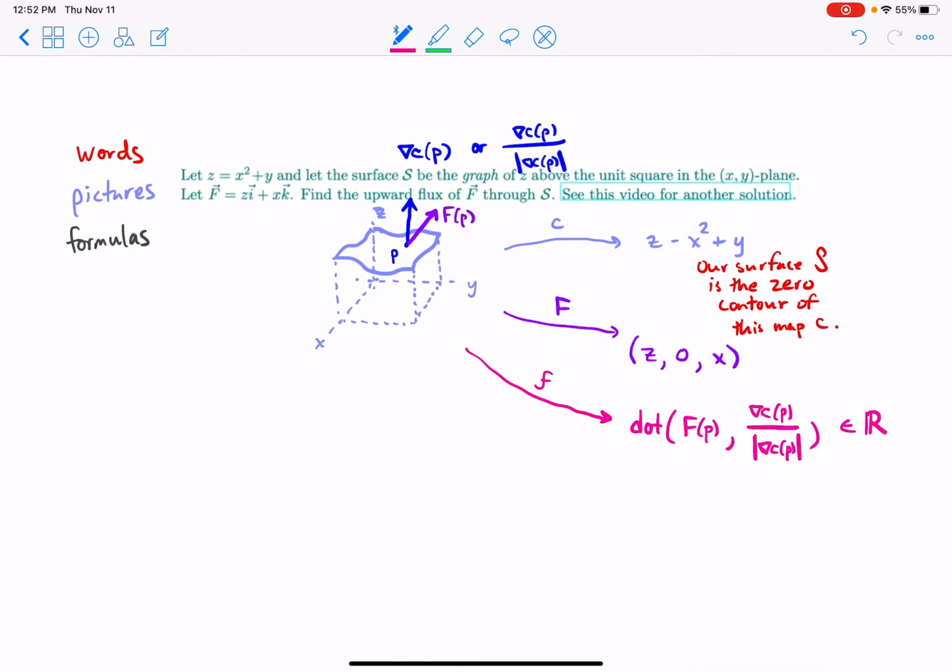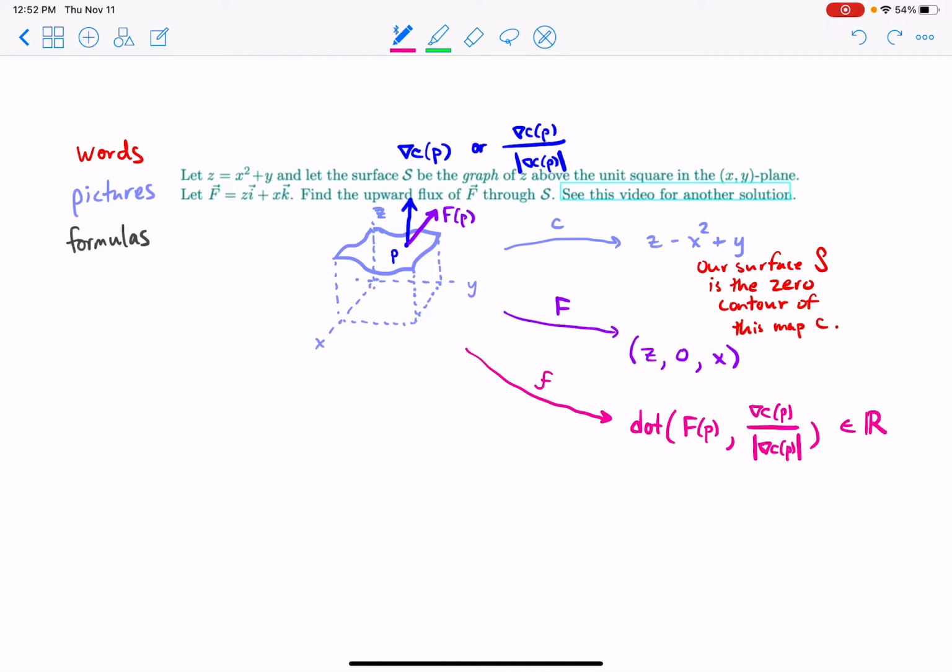Notice this is a very heavily labeled picture. It has gradients and contours, which we looked at in problems 1 through 3, and then gradients in the derivative section, and that will give us our normal vector here. Then the flux is the dot product of our vector field with the normal vector to see how much it's going through our surface.